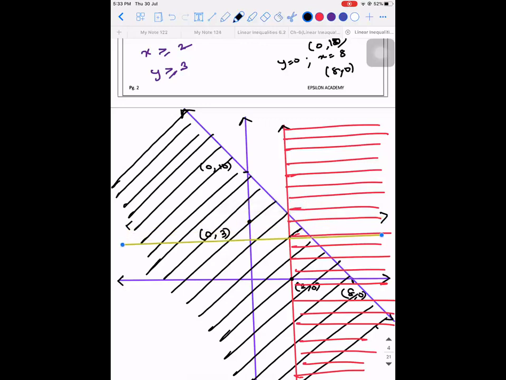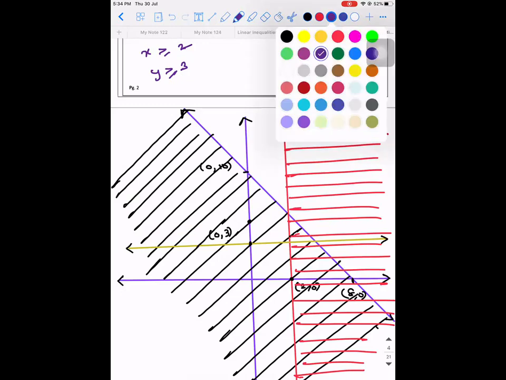The one without origin. I should have drawn a proper graph. Wait. So this point will be 0, 3. So without origin, I'll use another color.